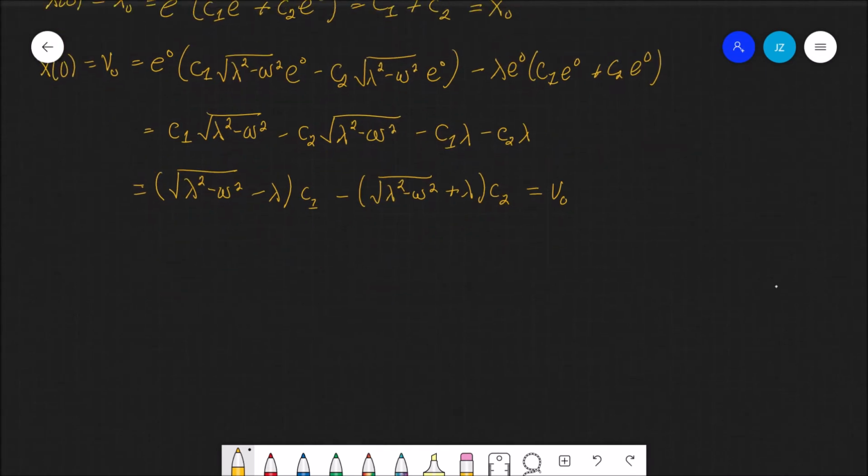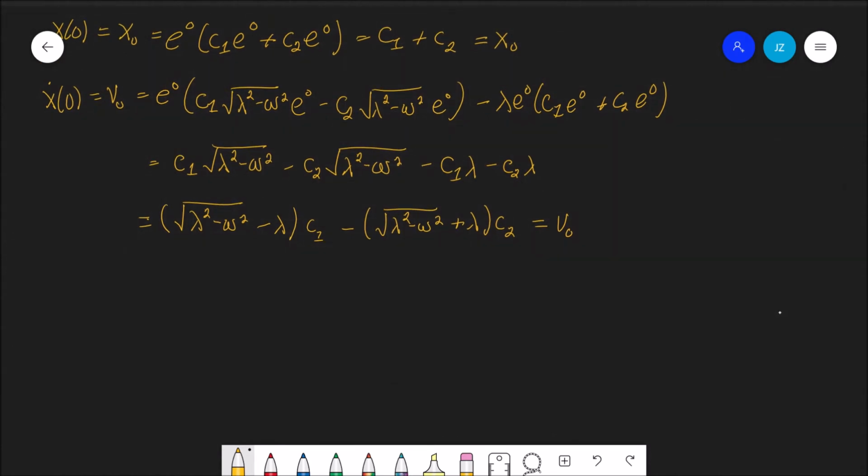This gives us a system of equations. C1 plus C2 has to equal x naught.